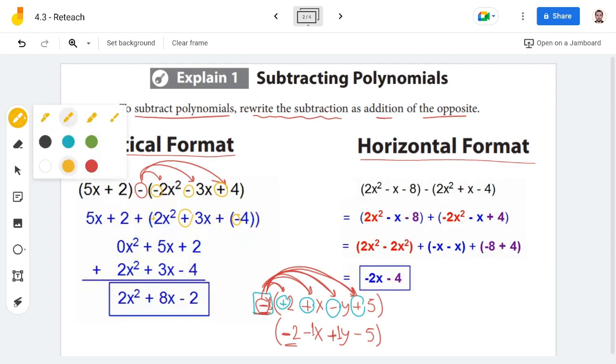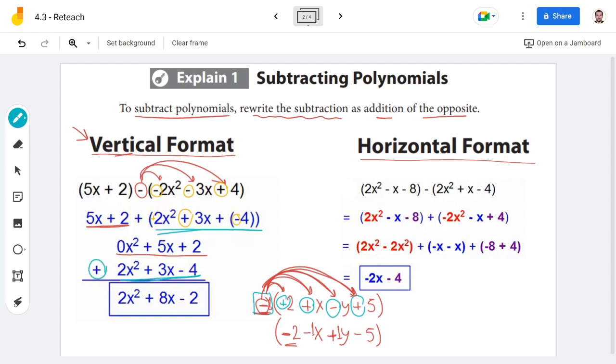Okay, let's start solving the question. So now vertical. We write this one here, and we write the other one here. So as you can see, we have two polynomials. After we change the sign, we don't have to put a negative or minus here. We just put positive and we solve the question similar to what we did in the previous lesson, adding polynomials.